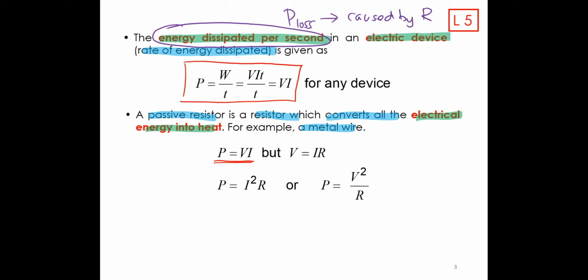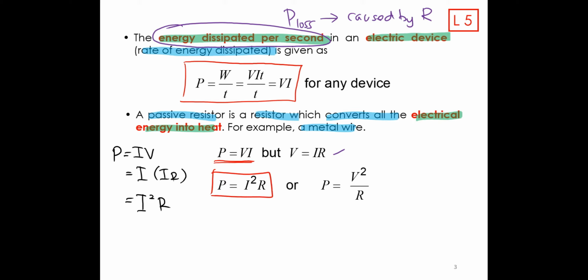Basically we know that V equals IR, and then you can substitute V equals IR into IV. P equals IV and V equals IR, so P equals I times IR. Then you have our second equation, power equals I squared R. I box the equations.